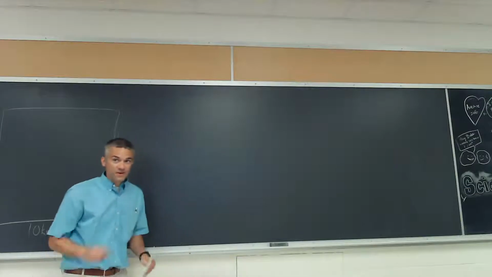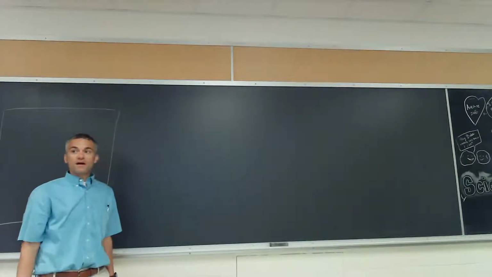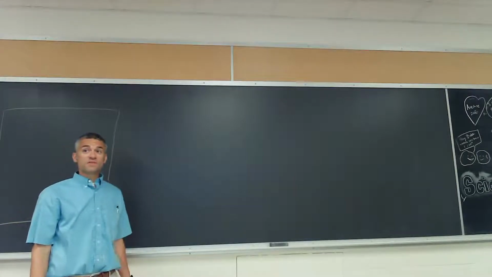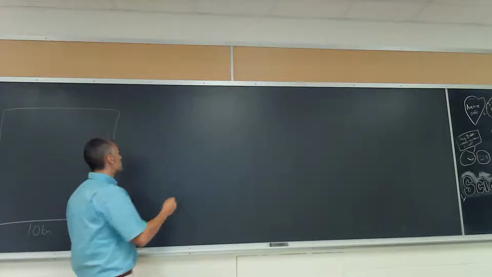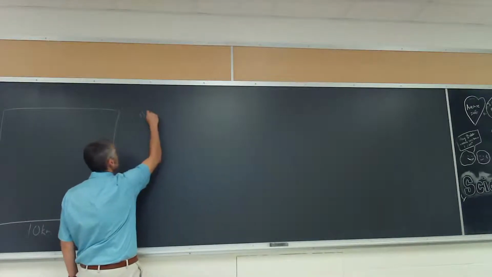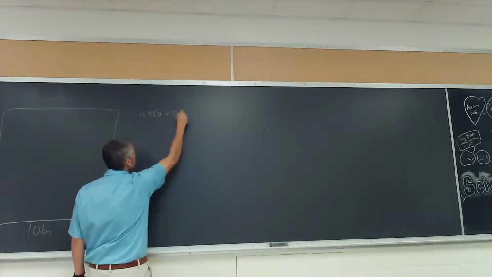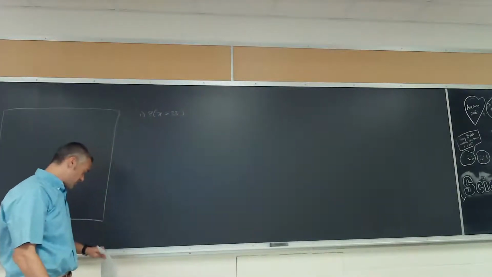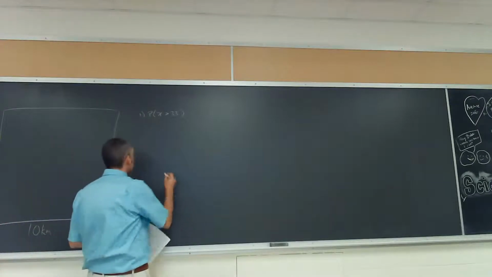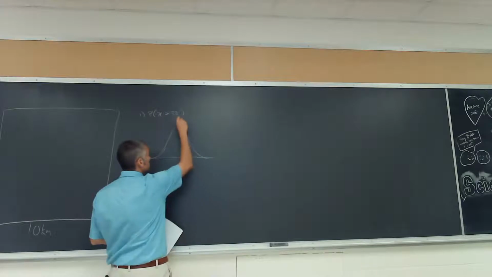All right, so question one. A population of worms has an average length of 28, a standard deviation of 3.5. What's the probability that you find a worm that's larger than 33 millimeters? So we are asking the probability that x is greater than 33. I'm going to draw this curve.